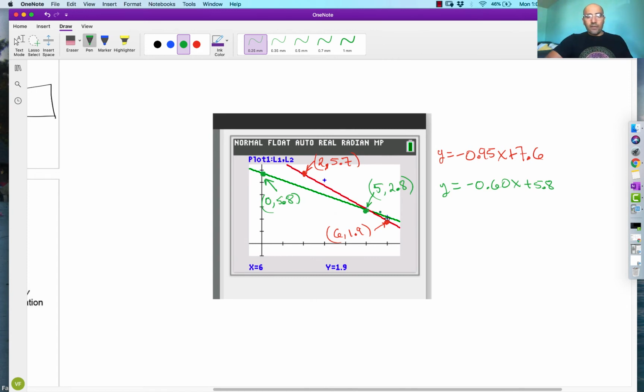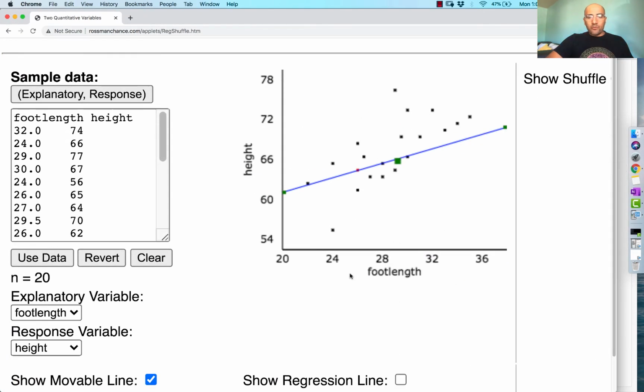We don't want to use this line to predict things we already know. Why would you do that? But if we have a new value, we can use this line to approximate new things. So, for example, going back to this one, remember this was foot length and this is height. If I establish that this blue line does a pretty good job, you know, that one doesn't do a very good job, does it?